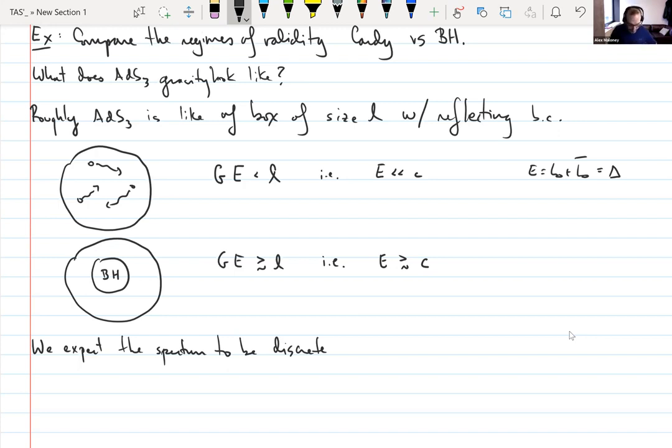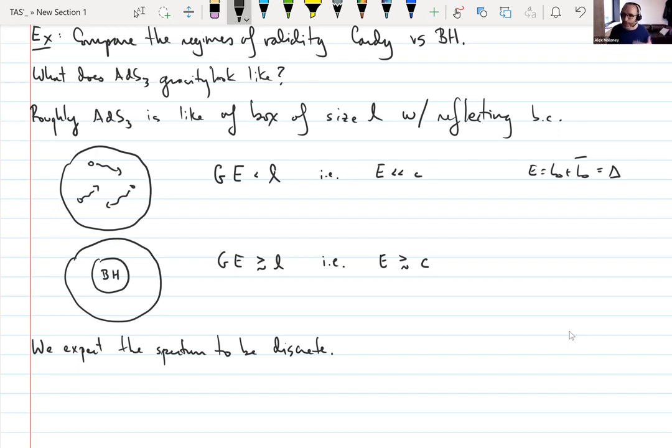Now, in particular, one interesting feature of black holes in anti-de Sitter space, as opposed to black holes in flat space, is that because AdS space is like a box with reflecting boundary conditions, it's possible for a black hole to be stable, right? In flat space, a black hole is always going to radiate away all of its energy due to Hawking radiation.